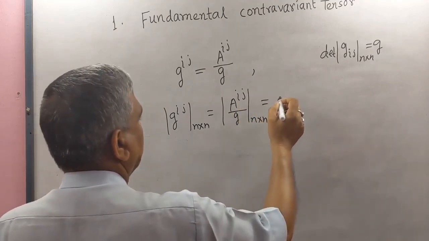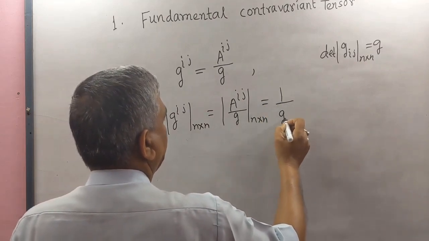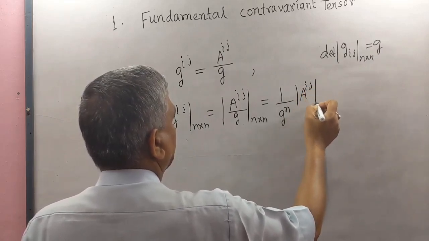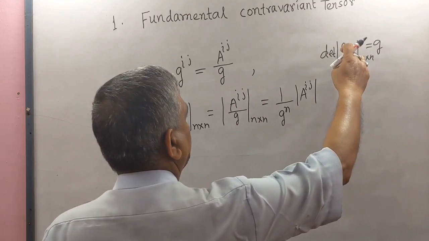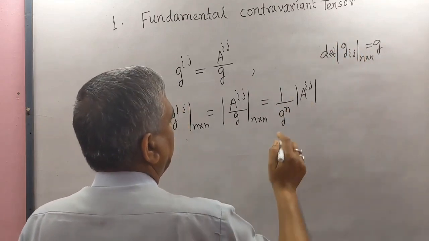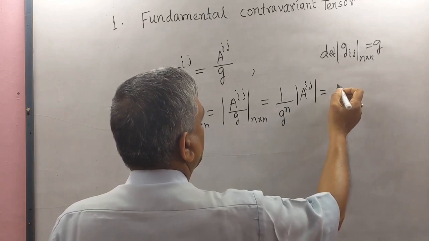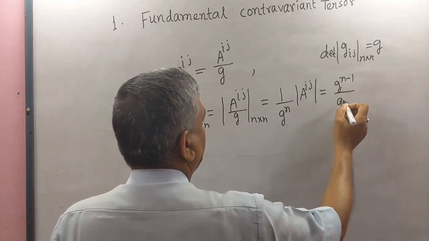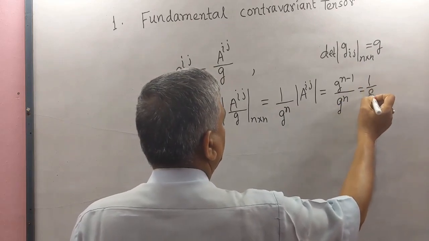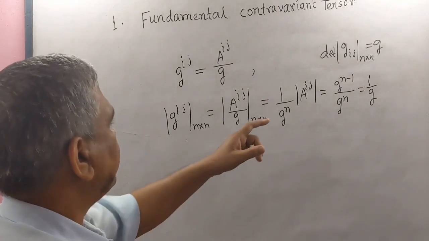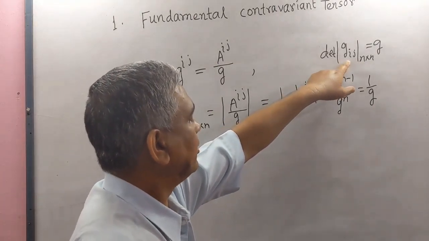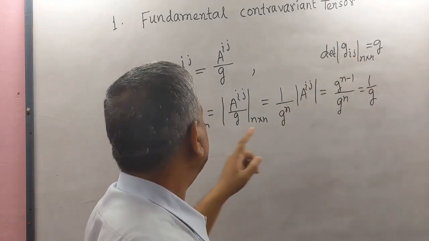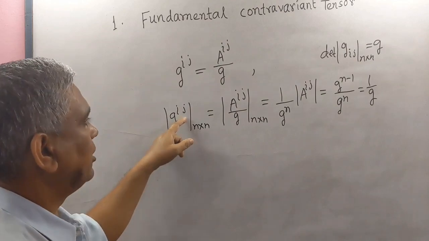This will be equal to 1 by G to the power n, determinant of Aij, where Aij is the cofactor of this Gij, and this will be equal to G to the power n minus 1 by G to the power n, equal to 1 by G. So if determinant of covariant Gij is G, then determinant of contravariant Gij is 1 by G.